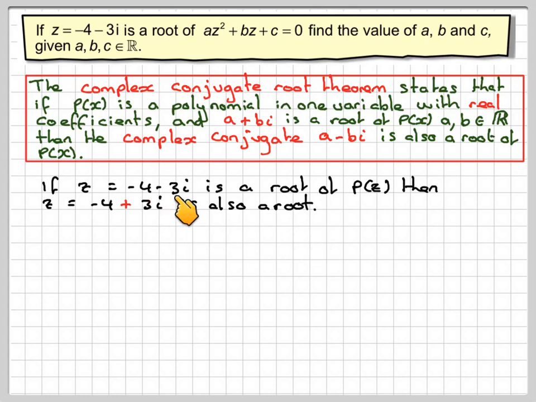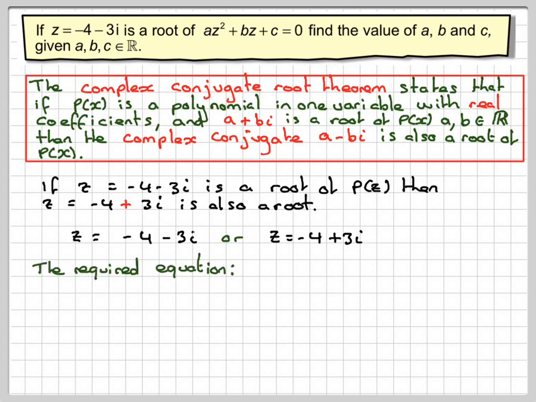So the solutions of this equation are z is equal to minus 4 minus 3i, or z is equal to minus 4 plus 3i. Then we can work backwards.